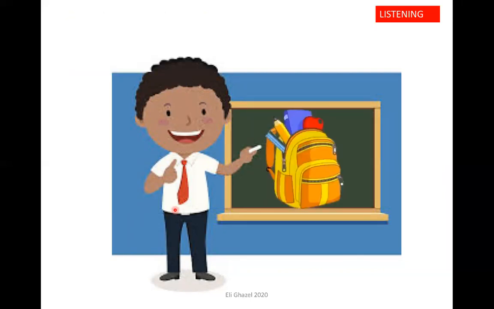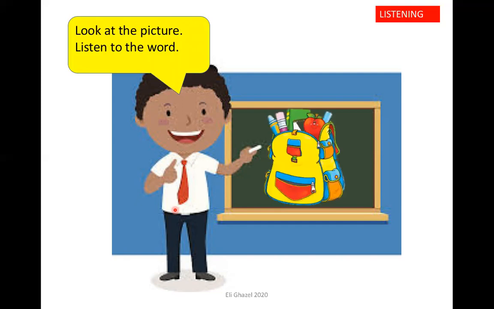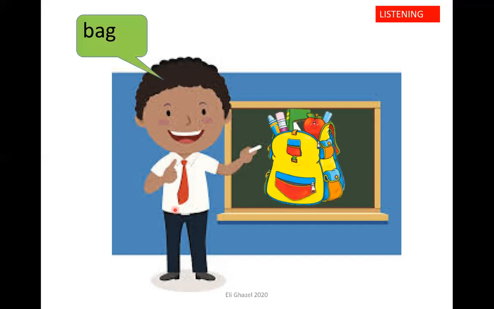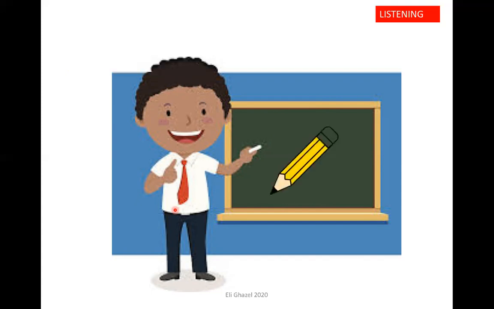You put a picture up, look at the picture, listen to the word, and you say bag, okay? Bag. Now, another picture. Look at the picture, listen to the word, and you say pencil. Notice you're putting the picture before you say the word in the demonstration part.